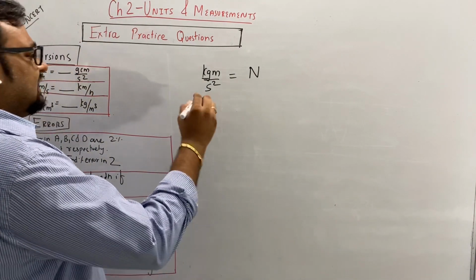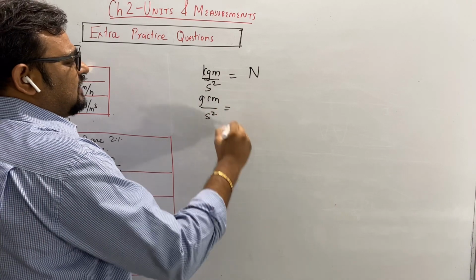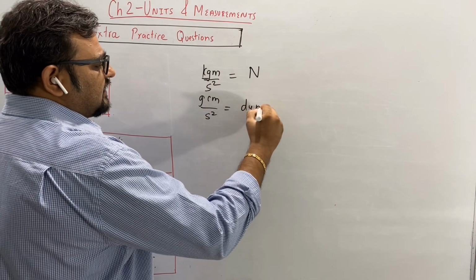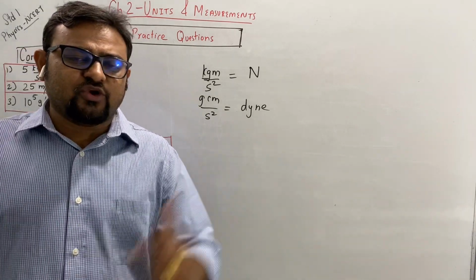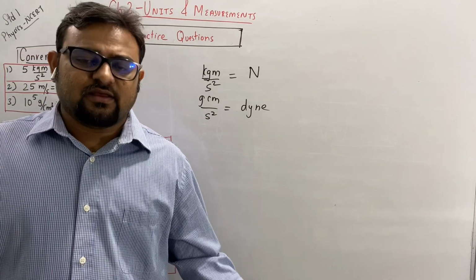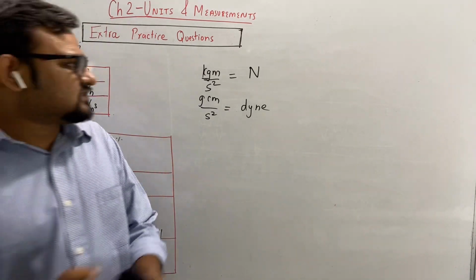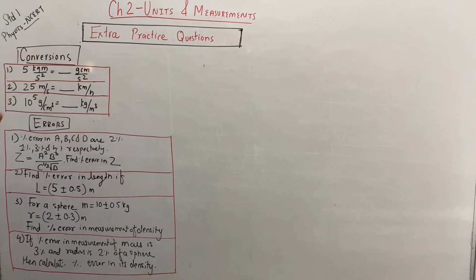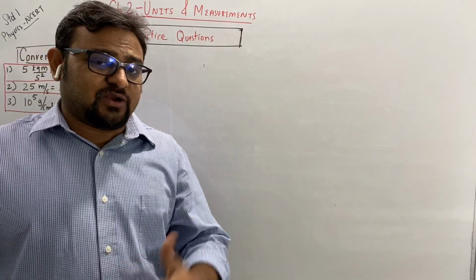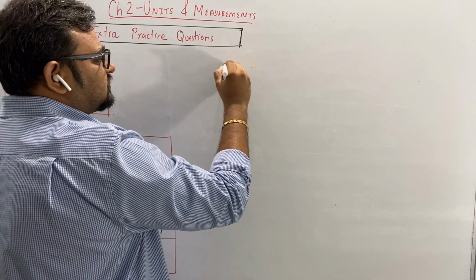And gram centimeter per second square is dyne. So in short, you have to convert Newton into dyne. Clear? Let's convert kg meter per second square into gram centimeter per second square, and then we derive the relationship between Newton and dyne. See how to solve this type of conversion.